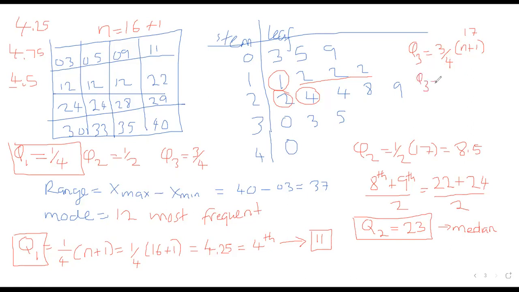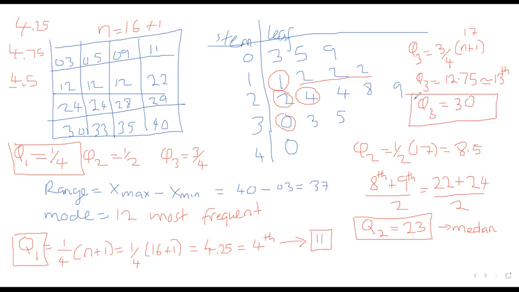So what do we do with the 12.75? We get the 13th number as a position. So we count 1, 2, 3, 4, 5, 6, 7, 8, 9, 10, 11, 12, 13. So what number is that? 30. So Q3 is 30.